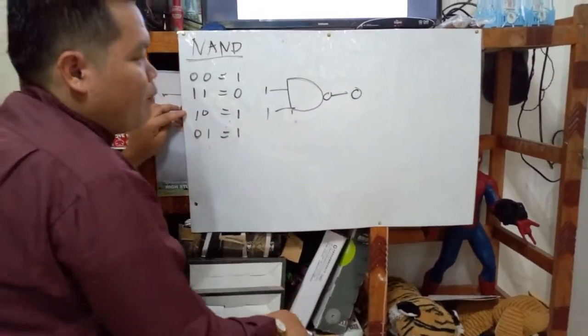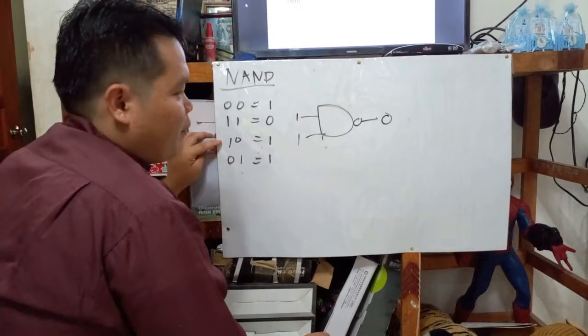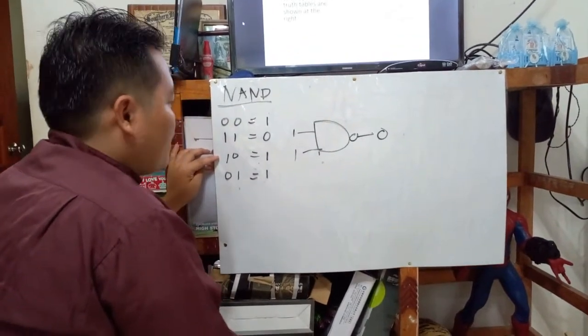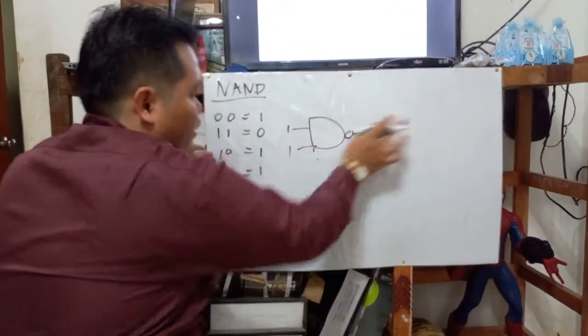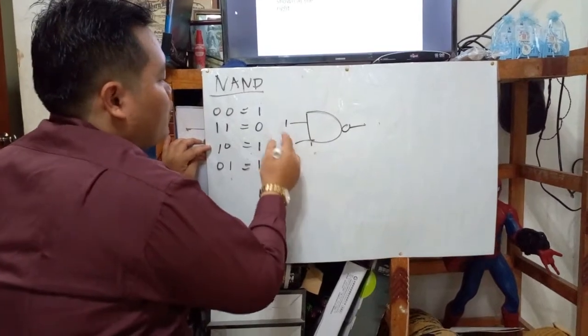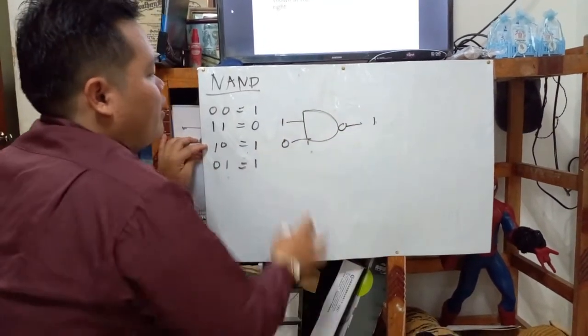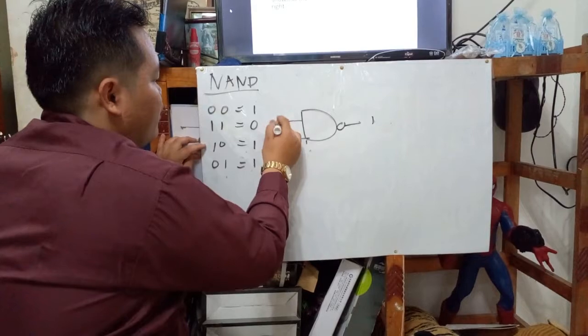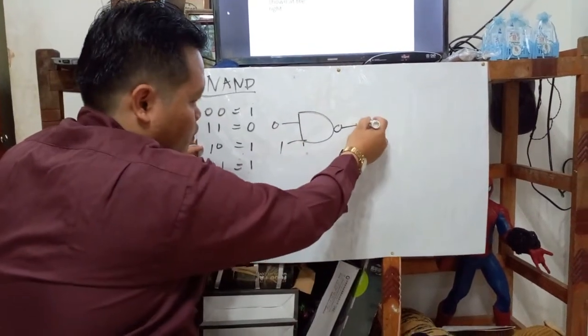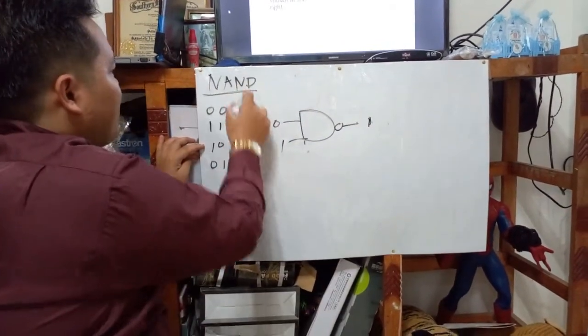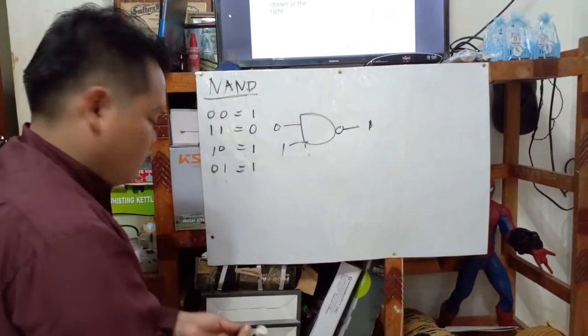If ang imong gi-input is dili siya the same, 1 true and 1 false, your answer will be 1. Input kag 1 and 0, your answer is 1. Input kag 0 and 1, your answer will be 1. So this is for NAND.